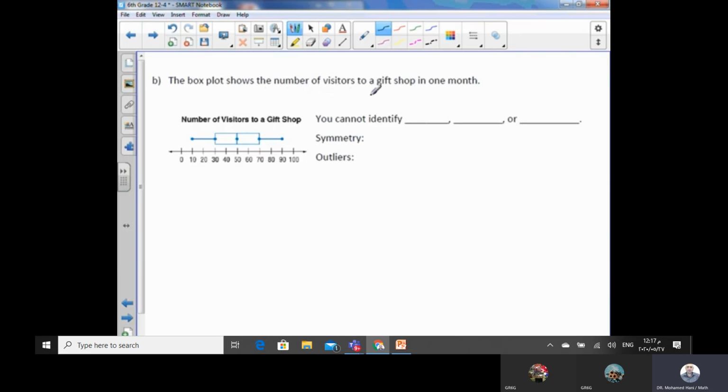The box plot shows the number of visitors to a gift shop in 1 month. Because it's a box plot, you cannot identify gaps, peaks, or clusters.